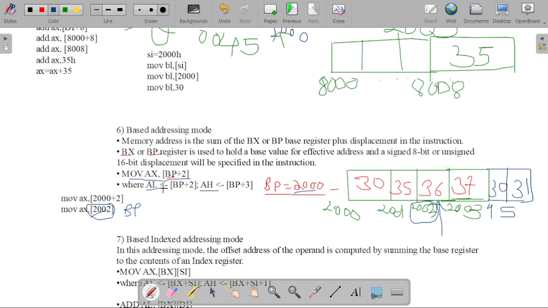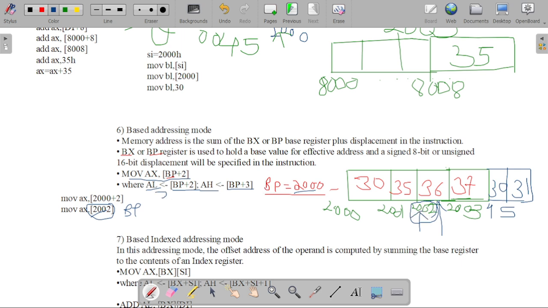And this base pointer value becomes 2002. Here we have to store the contents of AL equal to [BP plus 2], and the value of [BP plus 3] in our AL and AH registers respectively. The value of our base pointer is 2000. So 2000 plus 2, that is the 2002 memory location, the contents are 36.